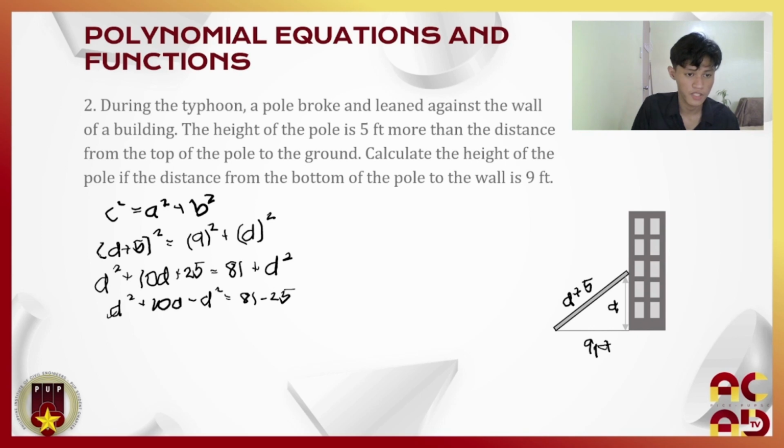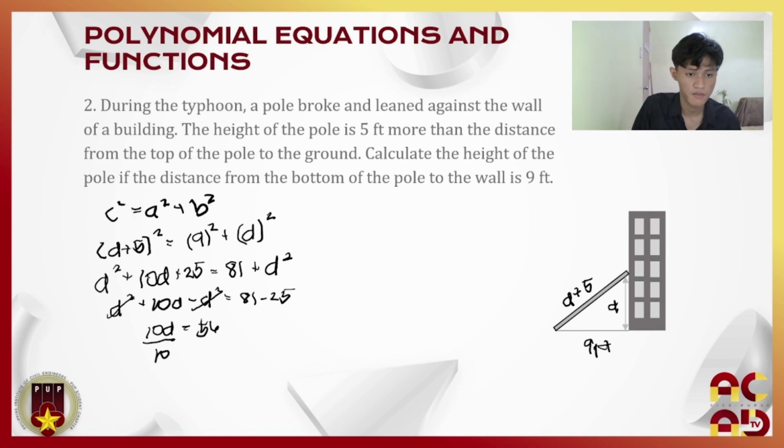Simplify or combine like terms, you have d squared minus d squared magiging 0. Matitira yung 10d. And then 81 minus 25, we have 56.